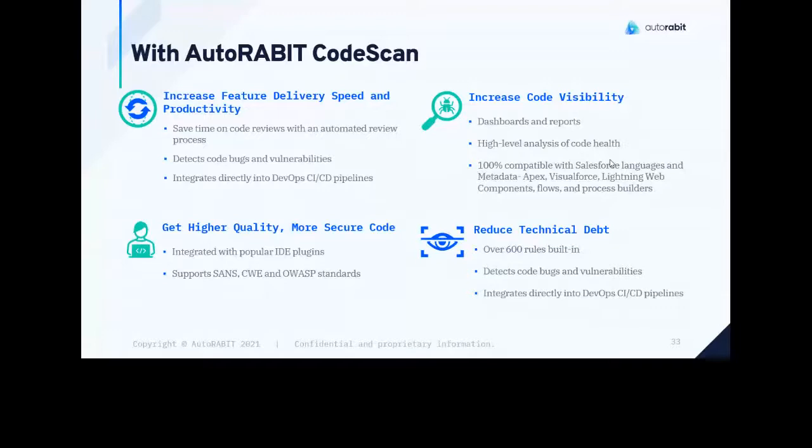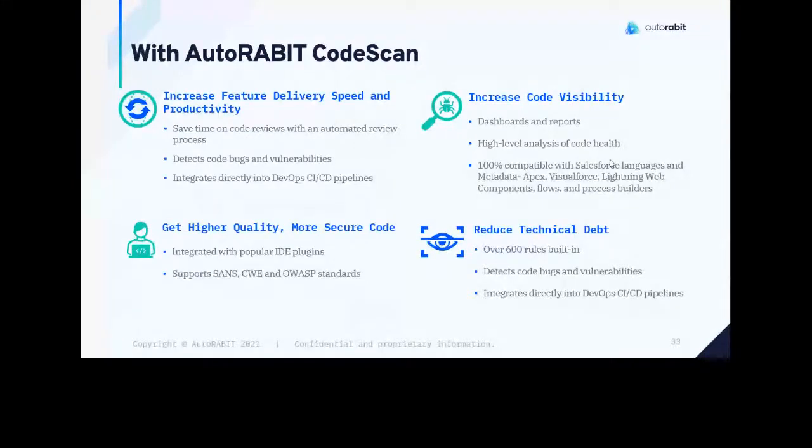So with Code Scan, we increase feature delivery speed and productivity in the DevSecOps process, because it saves time on code reviews with automated review processes, and detects code bugs and vulnerabilities. It integrates with DevSecOps pipelines easily. It increases code visibility, so there are dashboards, reports, and high-level analysis of code health.